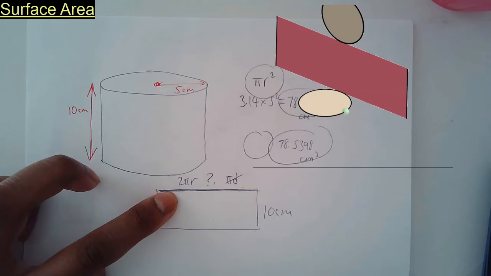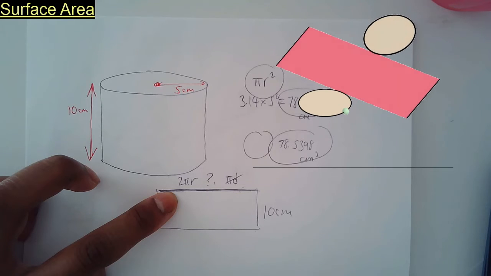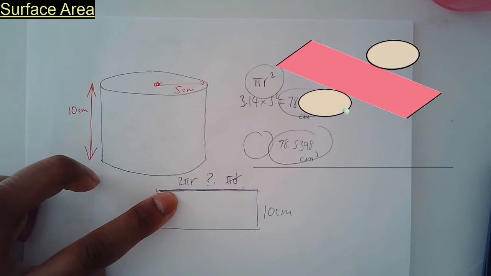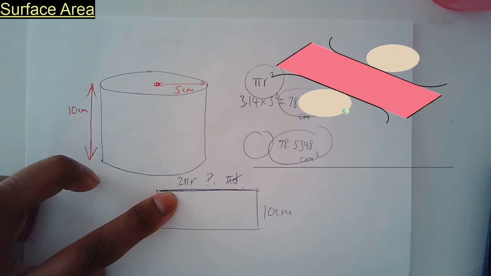If I open it up, now look what's happening. The line has been lifted off the circle, and it lines up perfectly with the edge of the rectangle. See that?